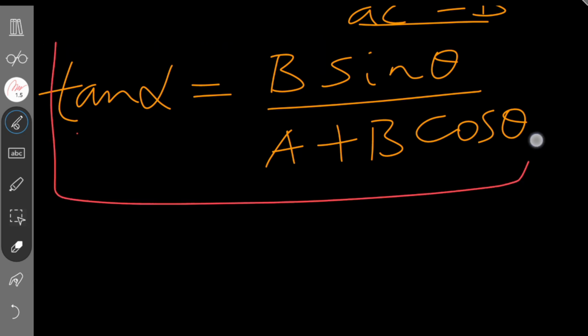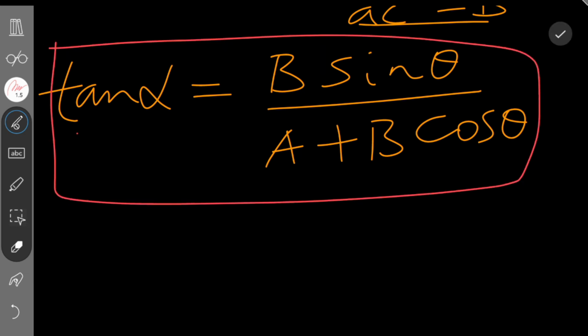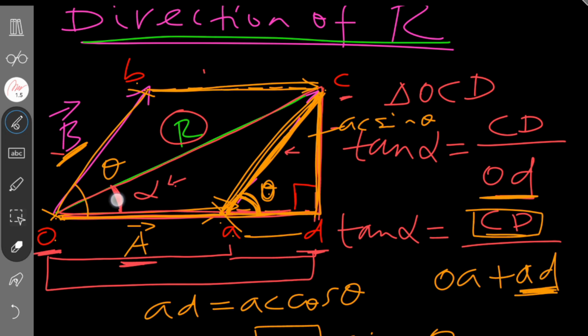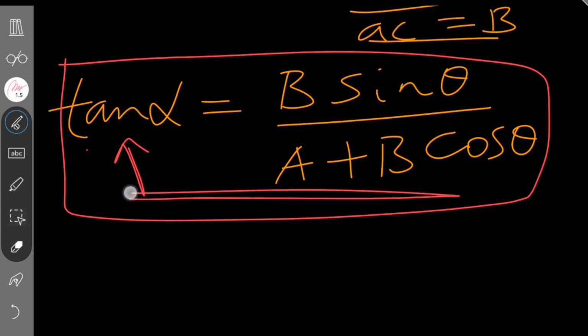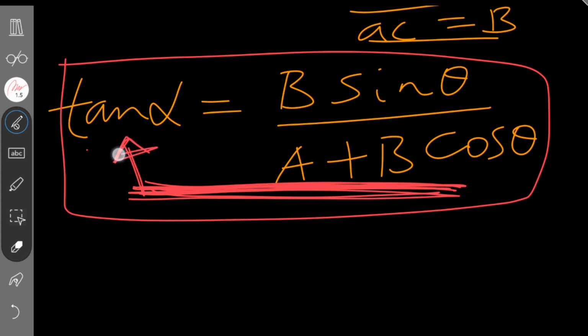By using this relation the direction of the resultant can be determined. ኦኬ, ከA ምን ያህል አንግል ላይ እንዳለ ዳይሬክሽኑን ማግኘት እንችላለን ማለት ነው. ይሄ ከባለፈው ትንሽ ይለያል. ኦኬ ስለዚህ ይሄንን በመጠቀም ማስላት ትችላላችሁ ዳይሬክሽኑን. The direction of the resultant can be determined by using this formula.